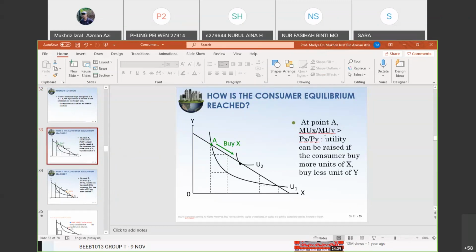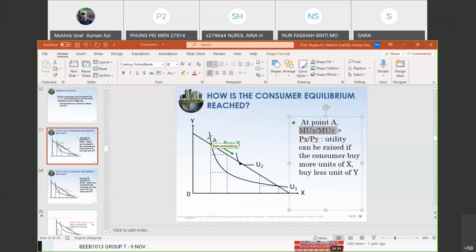MUX over MUY is bigger than PX over PY. So when you are at this point here, this is important. Why at point A is MUX over MUY, or the slope of the indifference curve, higher than the slope of the budget line? Because at this point, how do you calculate the MRS?